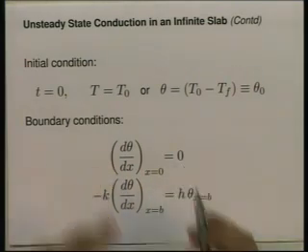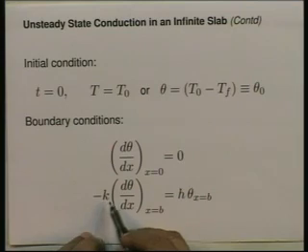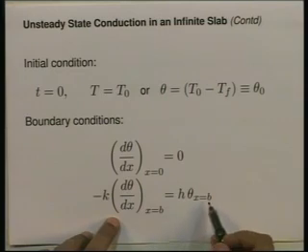The other boundary condition is at x equal to b, and there we will get our usual condition by Fourier's law: minus k d theta/dx at x equal to b is equal to h into theta at x equal to b.